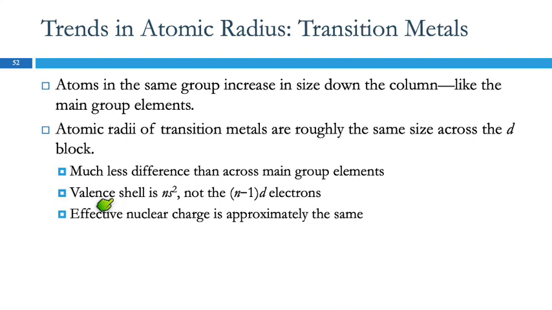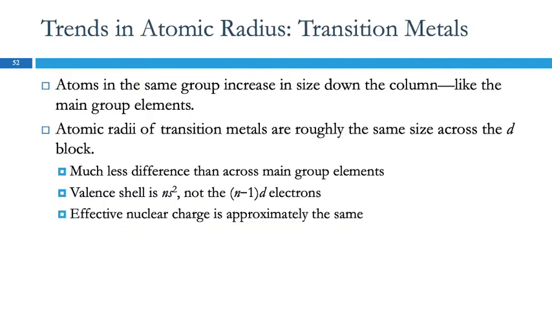The valence shell is not the d block, so what we're adding essentially is core electrons, and it doesn't really affect the nuclear charge. And so basically, the transition elements within a period are all roughly the same size.